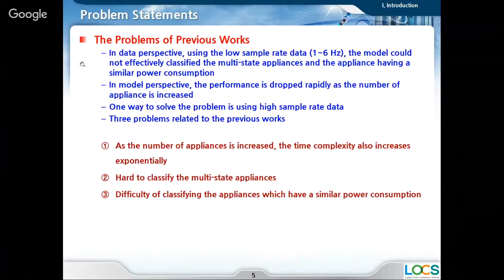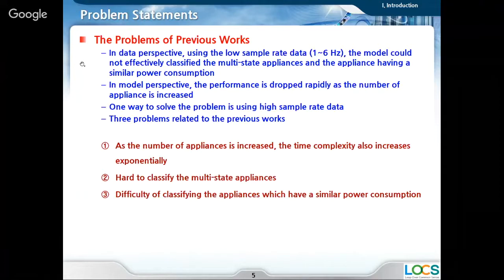In the previous works, there are many energy disaggregation models based on FHMM and its variants. But we found some problems from the data perspective when using a low sampling rate. The model could not effectively classify the multi-state appliances and the appliances having similar power consumptions.